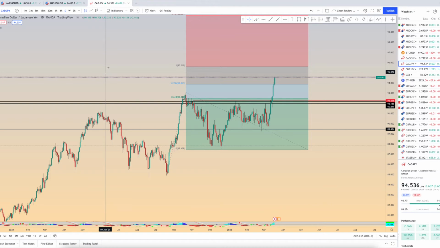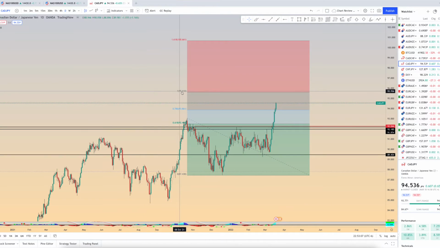Now, with a Fibonacci retracement, usually between the 1 and the 1.618, that's the area I'm looking for it to reverse. If we break through it, then this invalidates that analysis, right? We don't want to aim to get a retracement when it's already past that red zone that we see here.